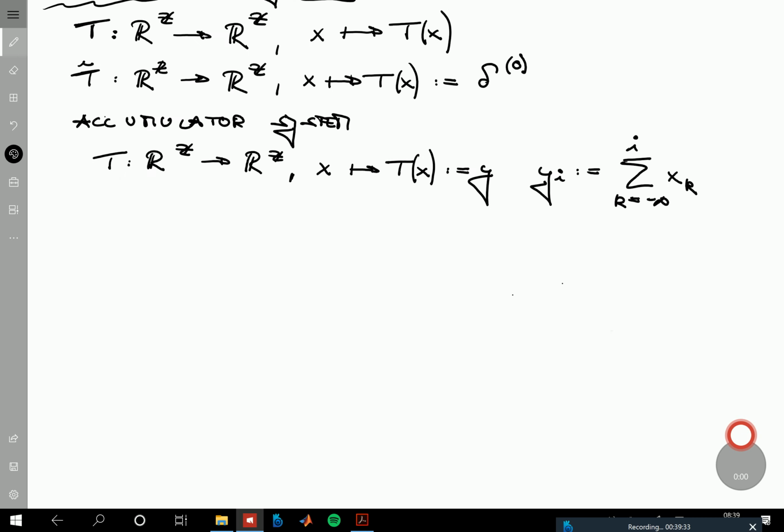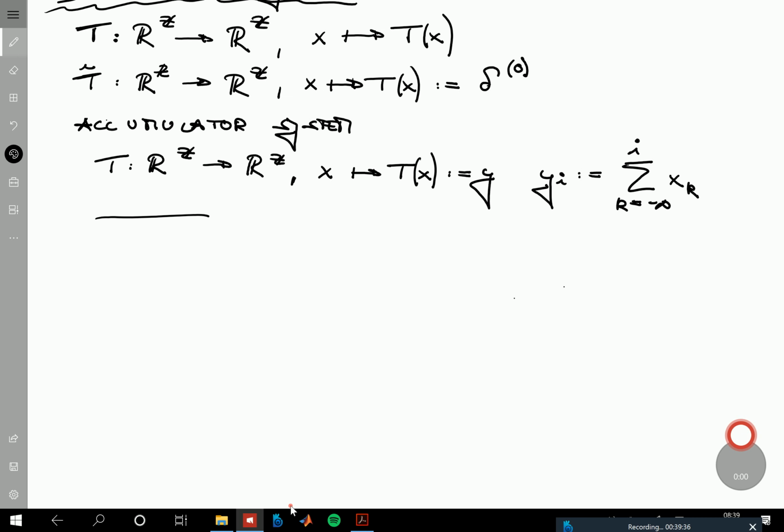So let's briefly look at that. We have an input sequence x that took the values 1, 1, 2, 1 at positions -1, 0, 1, 2, and everywhere else it's 0, so that's an infinite sequence. Then we look at y, assuming that everything else is 0.